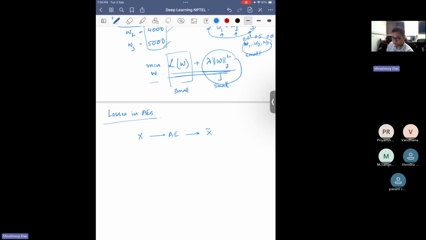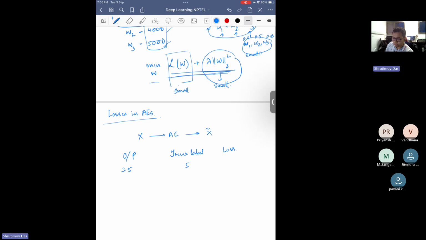We want to decrease loss, but what is the type of loss you want to take? Suppose my output is say 3.5, and my true label is say 5. What type of loss will you use here?